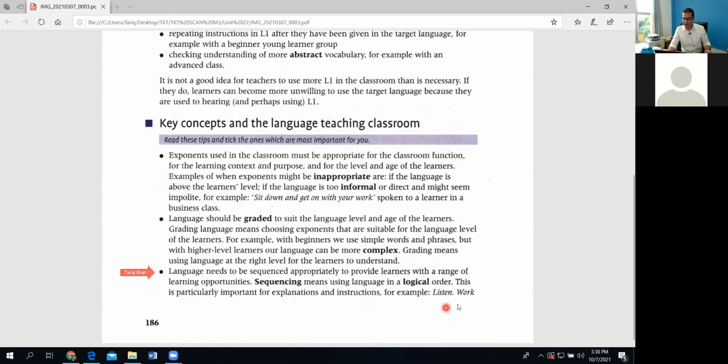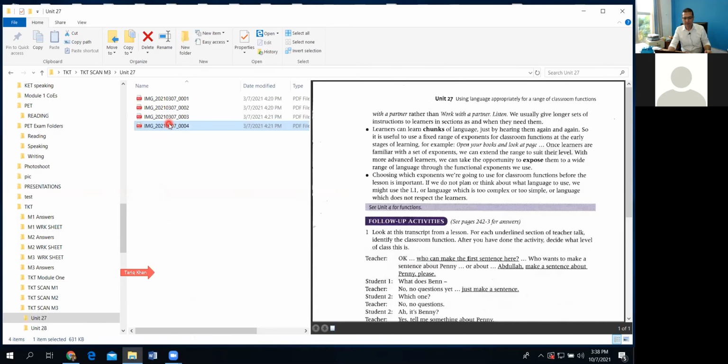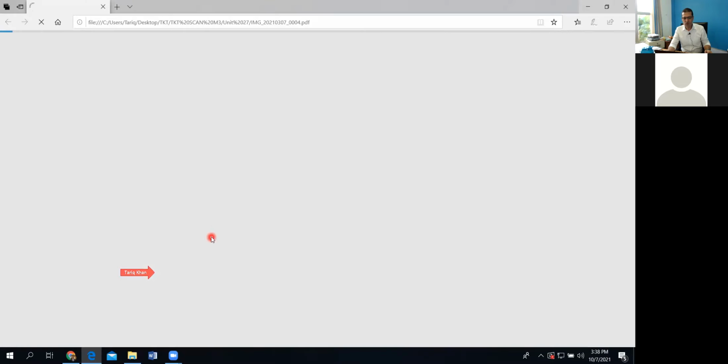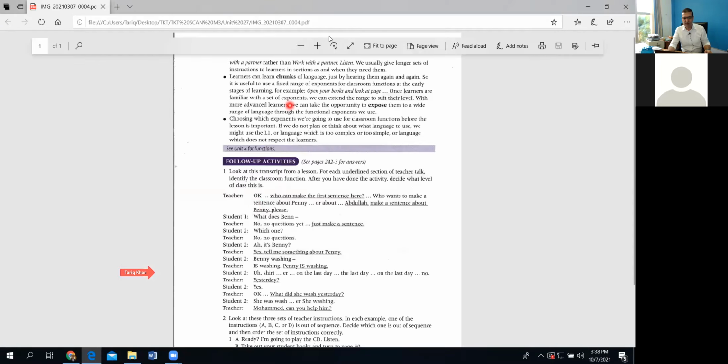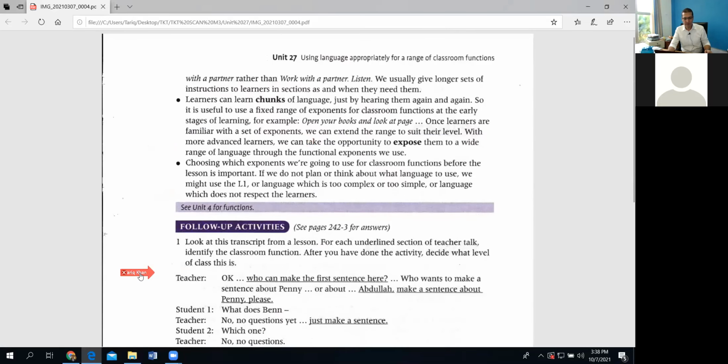For example, listen, work with a partner, rather than work with a partner, listen.